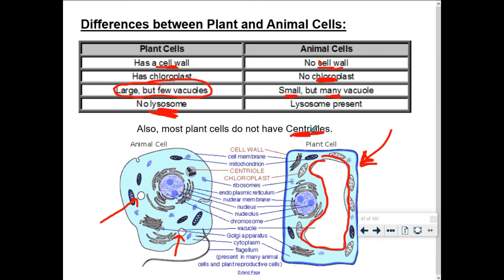Okay. Finally, we didn't talk about this one, but centrioles are all about cell division. There's a couple different ways that cells reproduce. You guys should have learned about asexual and sexual reproduction in grade 9. And as part of that, you might have talked about the words meiosis and mitosis. And those are ways in which a single cell splits into 2, which then those 2 split into 4, which split into 8, right?